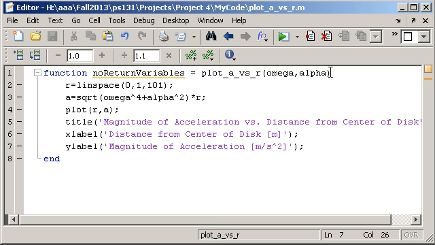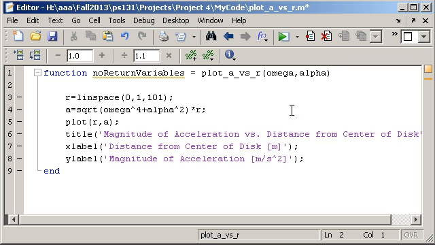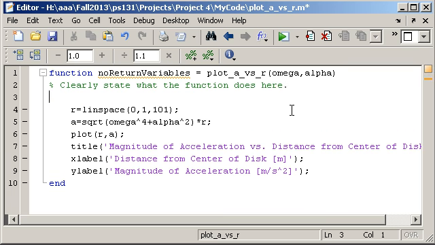Yeah, we gotta start worrying about, okay, clearly state what the function does here. So that's your job. Write some prose about just exactly what the function does.